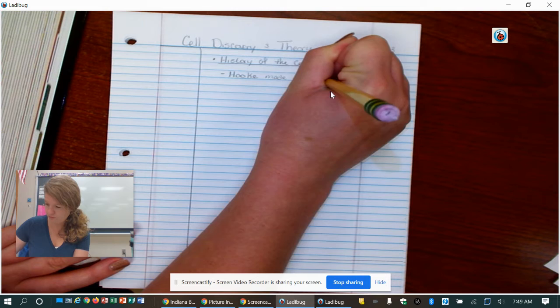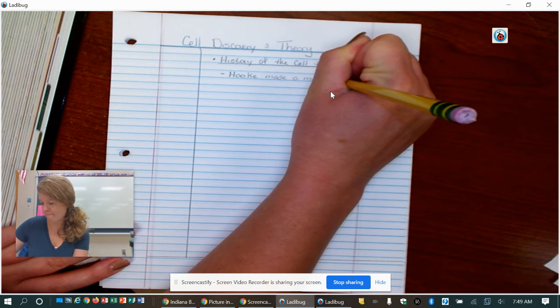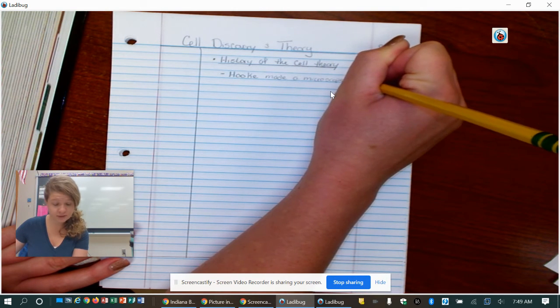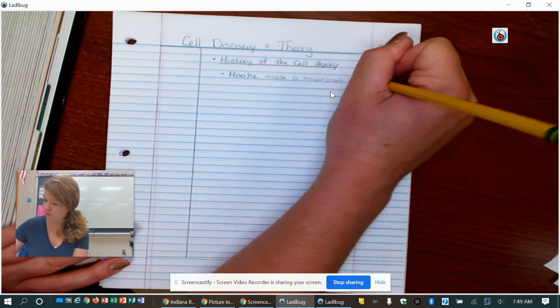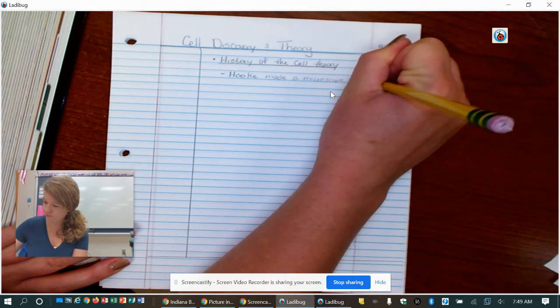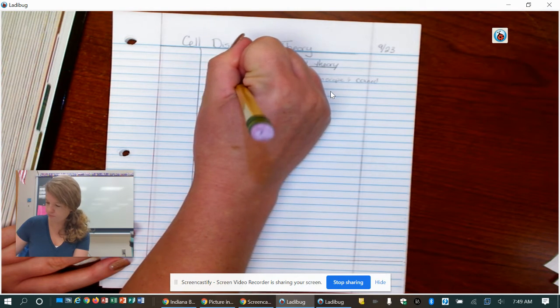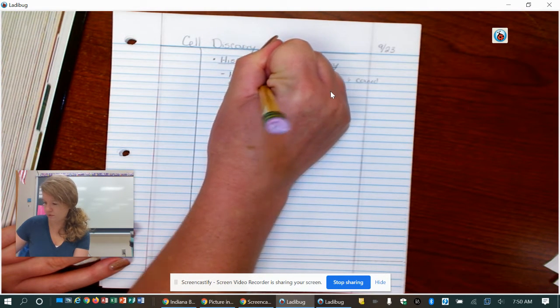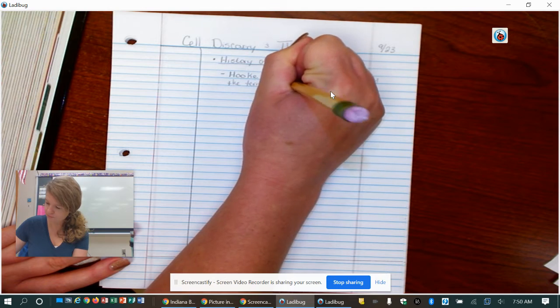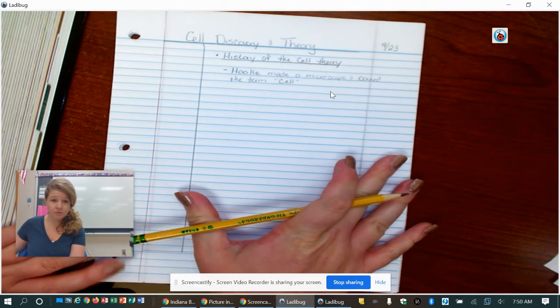He observed cork, but I'm going to say that he coined the term cell. That's what we want to know from Robert Hooke.